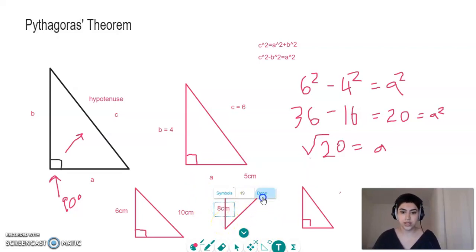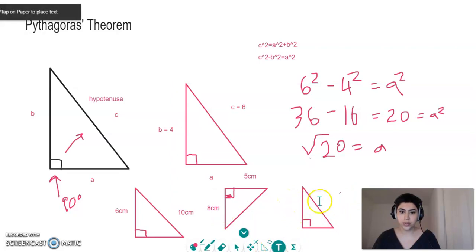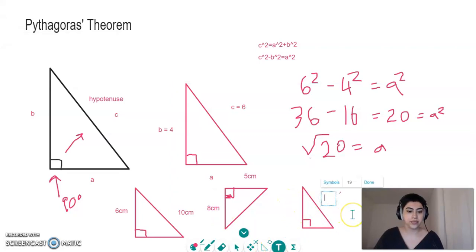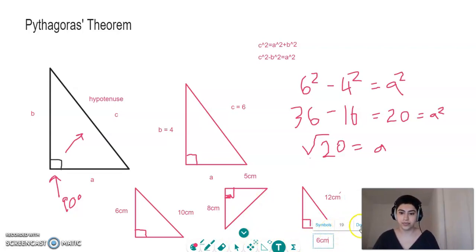Eight centimeters here. Move that over to the side, and then for this triangle we will have 12 centimeters and 6 centimeters.